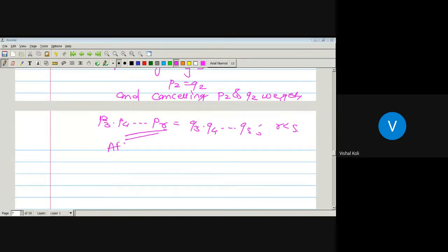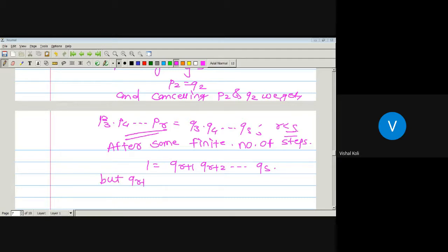So after some finite number of steps, 1 is nothing but Q(R+1) into Q(R+2) into up to so on QS, since all the P1, P2 up to so on PR are cancelled with Q1, Q2 up to so on QR, so remaining terms are Q(R+1), Q(R+2) up to so on QS, since R is less than S. But Q(R+1), Q(R+2) up to so on QS are all primes. Now tell me whether it is possible that 1 is equal to the product of primes.